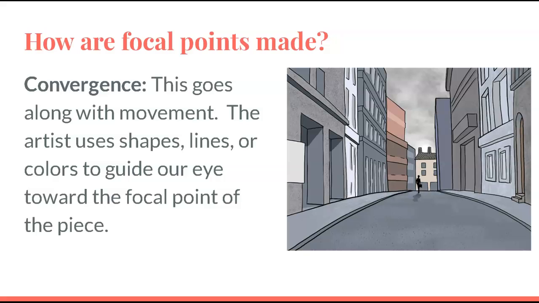Let's look around that little guy, and you're going to see a lot of lines and shapes that are leading us to that image. The road narrows towards him. There are lines on either side. The sidewalks seem to point towards him. All of our city shapes point towards him. This is convergence: using these elements, in this case primarily lines and shape, to guide our eyes towards that focal point.